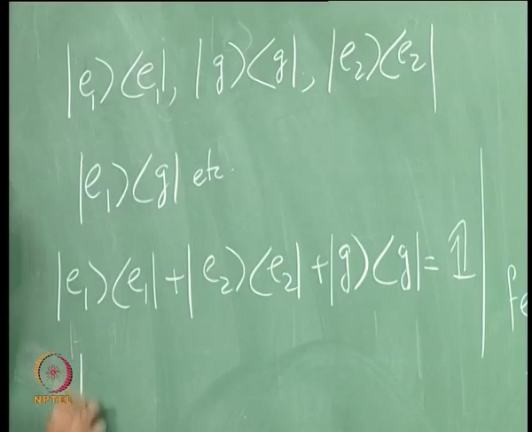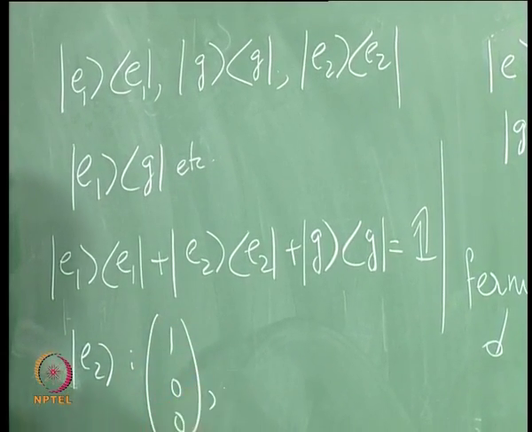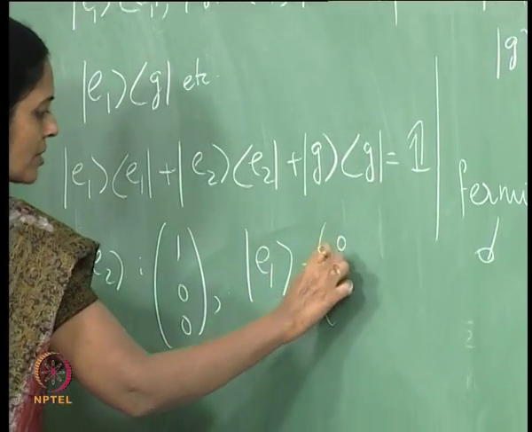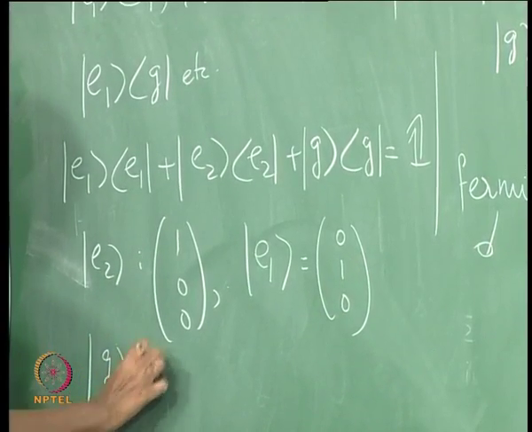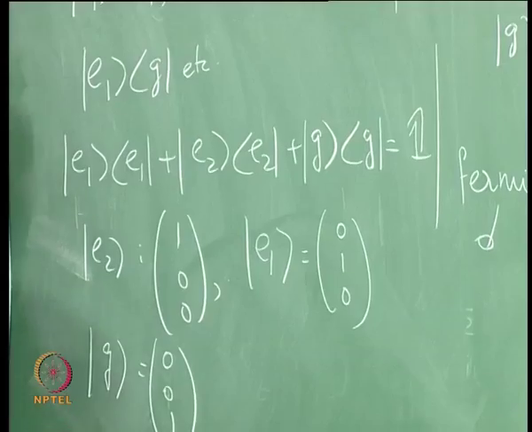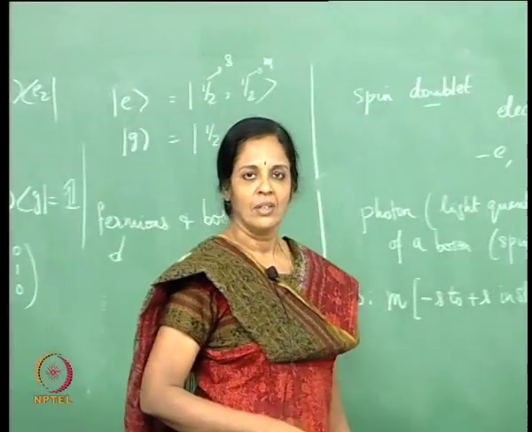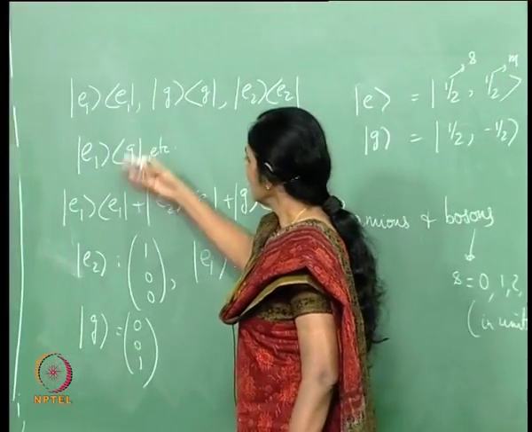I could choose for E2 the column vector 1, 0, 0, for E1 the column vector 0, 1, 0, and for G the column vector 0, 0, 1.